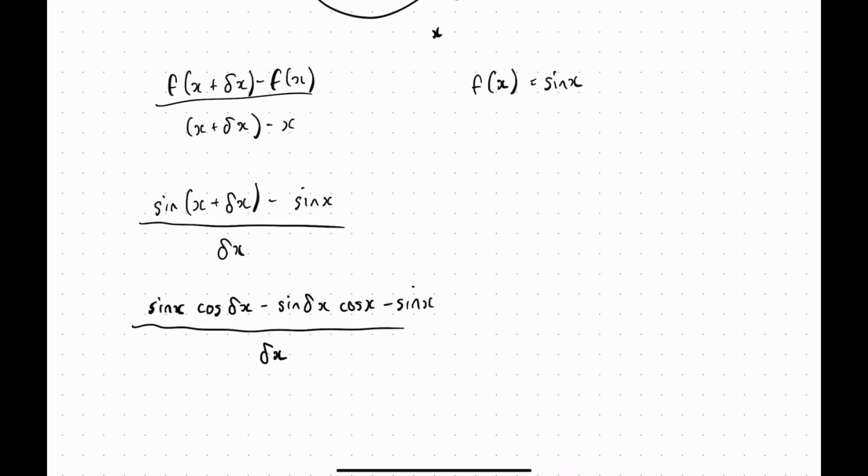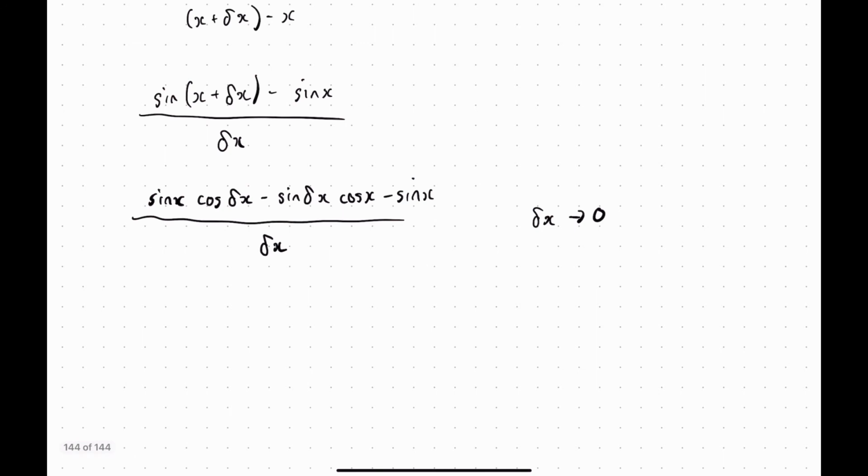And as delta x approaches 0, well, what's cos 0? If delta x is getting close to 0, what's cos 0? 1. So you just end up with sine x minus sine x, and then sine delta x, so sine 0, what's sine 0? 0.